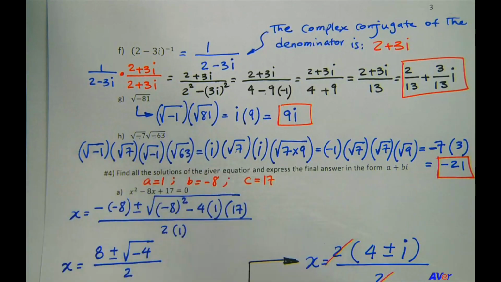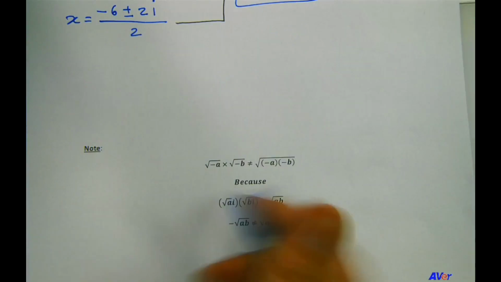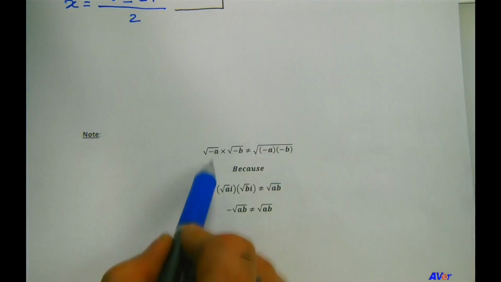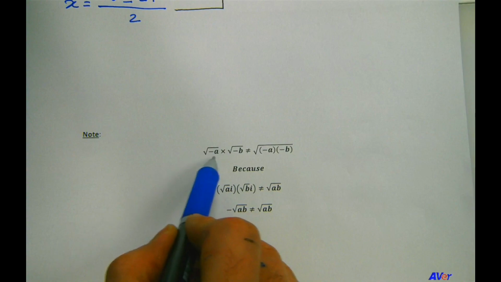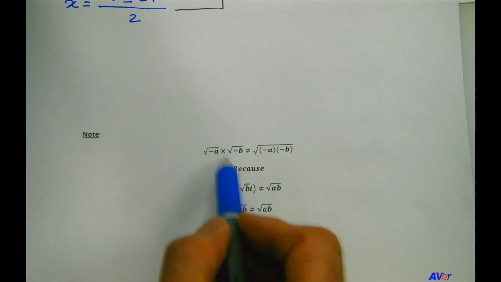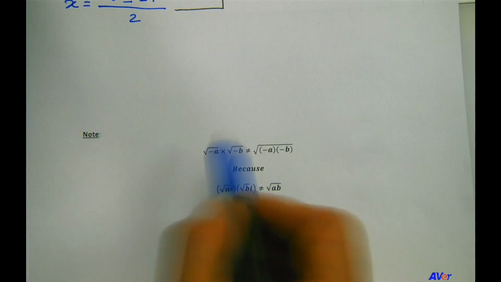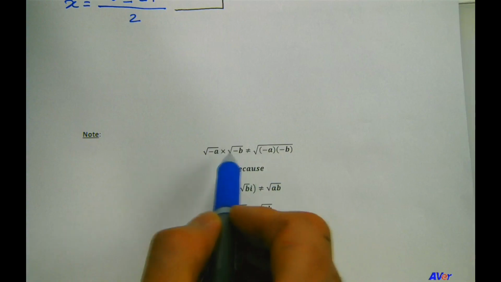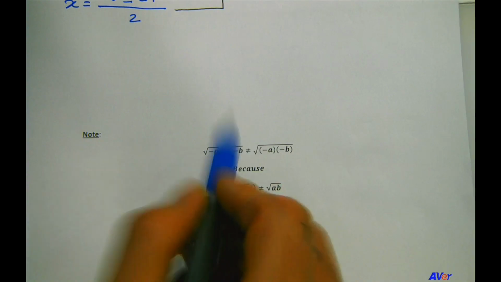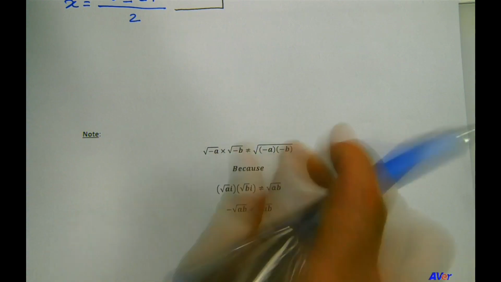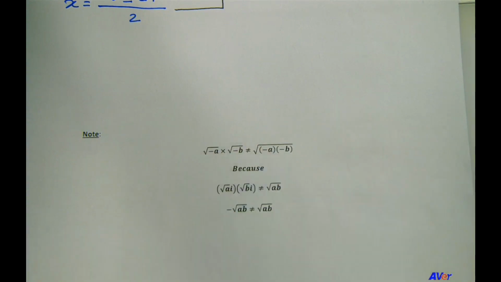We cannot do that, and that's what this property is saying. It's saying that a square root of negative a, or some complex number, times square root of some negative number, which is complex, is not equal to, the left side is not equal to if you were multiplying two negative numbers under the same radical expression. It's very important to remember.